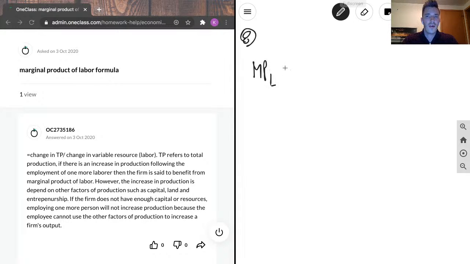Marginal product of labor is going to equal, they've got change in TP, I've written change in Y, total production, Y is for output. Regardless, we're talking GDP for a nation, an industry, whatever, divided by the change in labor.